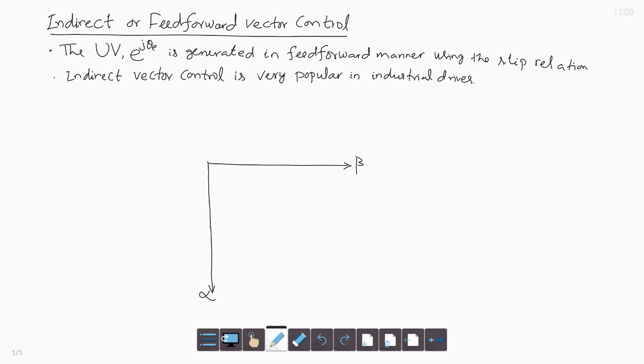We have the flux components psi alpha r and psi beta r, the alpha beta components of the rotor flux psi r hat, which is the same as psi d r, because the d axis has to be along the rotor flux psi r.